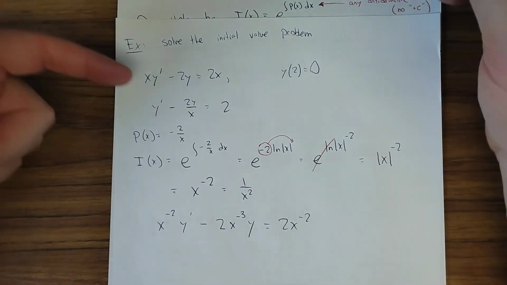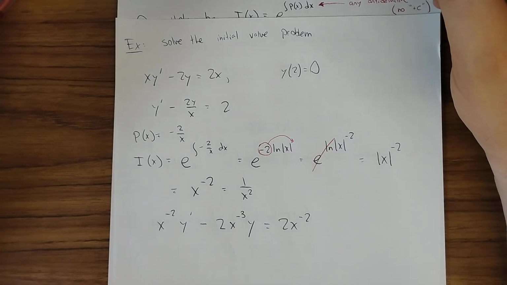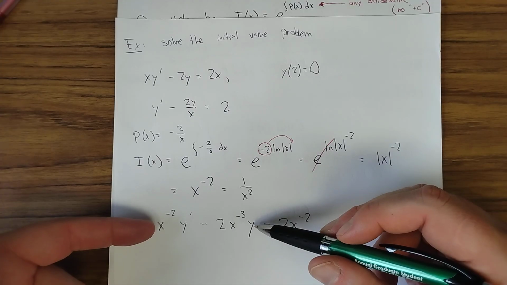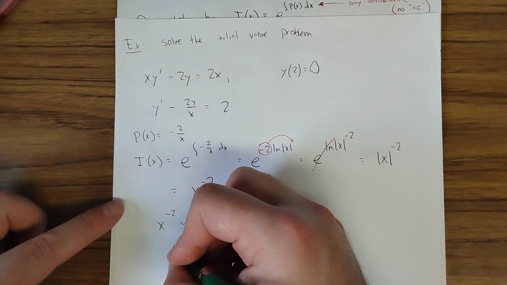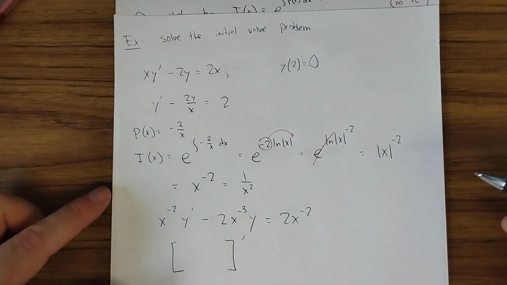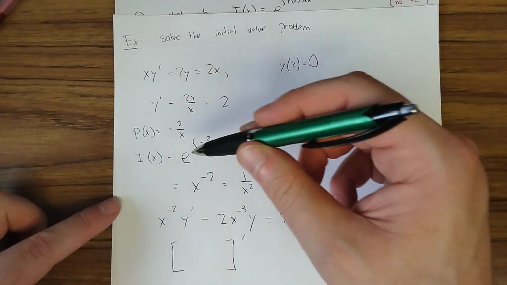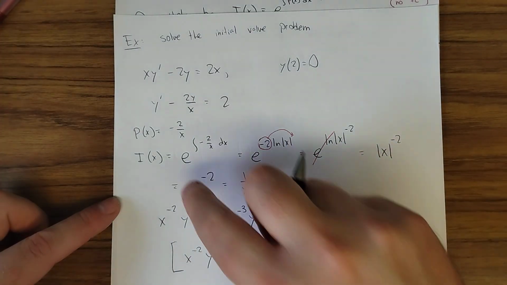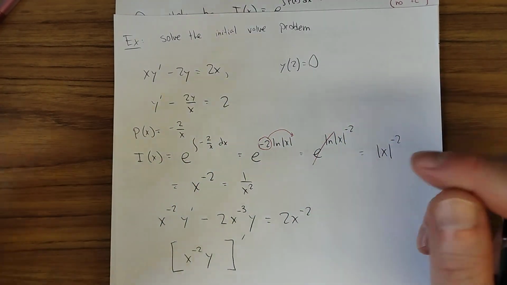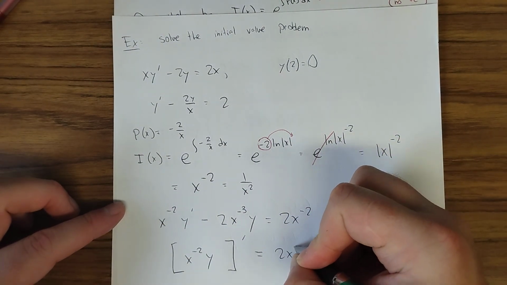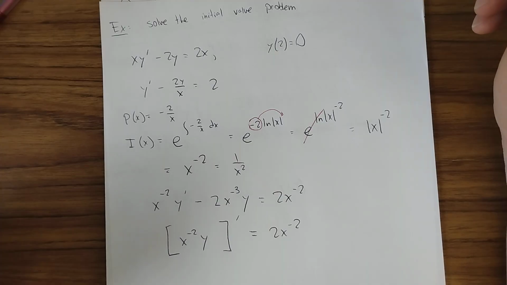So I multiplied this whole thing by x to the minus 2. And I don't care too much what's written over here, because I remember that whatever it is inevitably going to be the derivative of I times y. So this was my I, so it's the derivative of I times y. So it's like that.